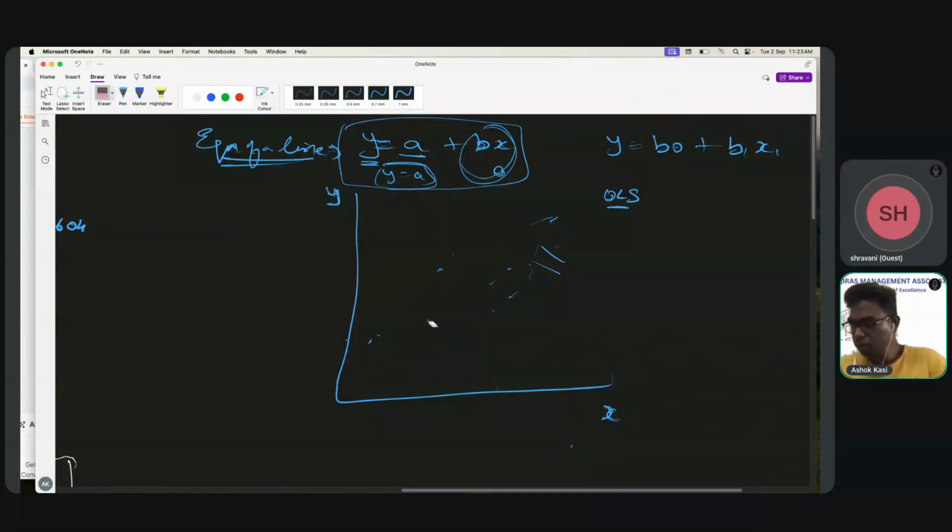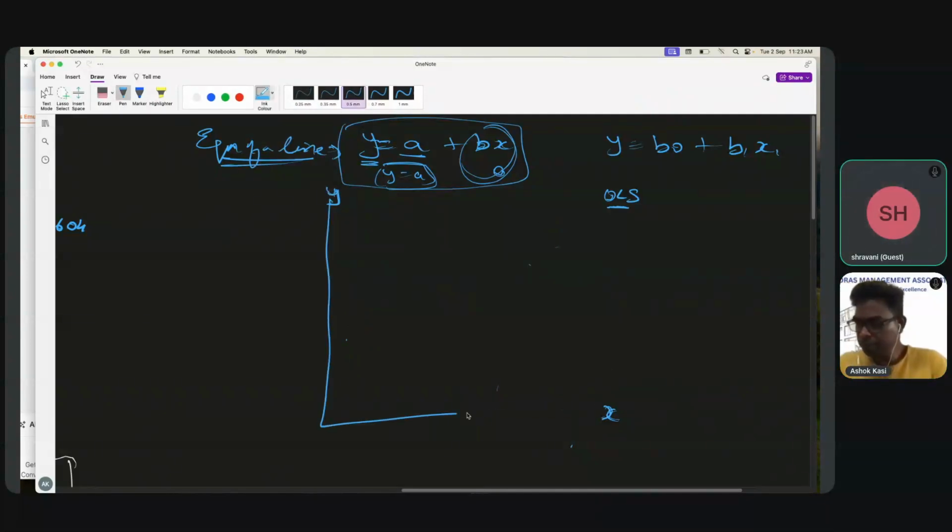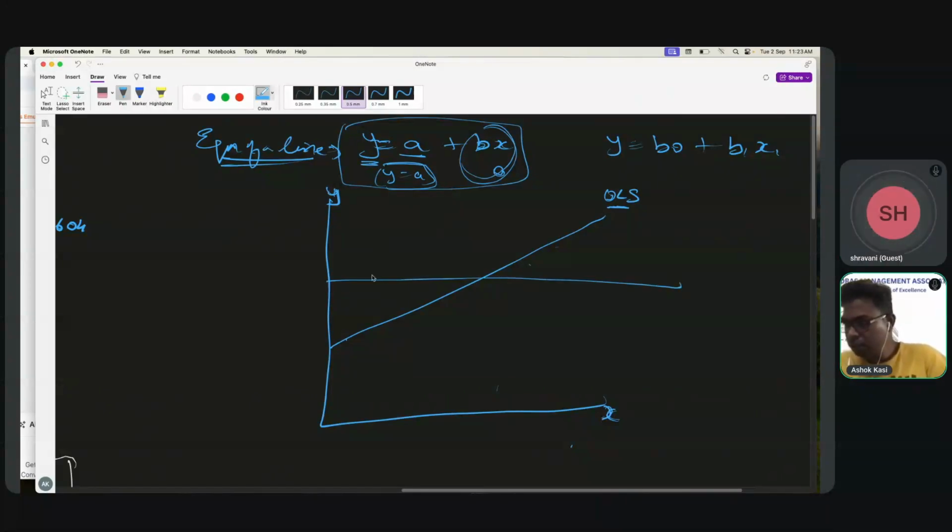So now I'm just drawing the line directly. Let's say that is the regression line. And this is called y bar. Let's say normally this is the return that ICICI Bank gives, the average.